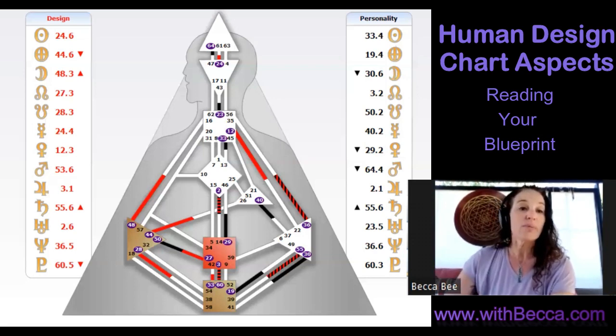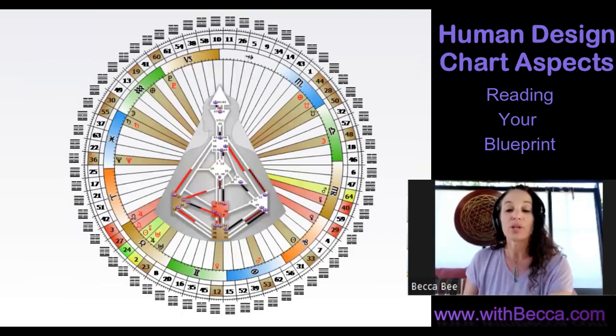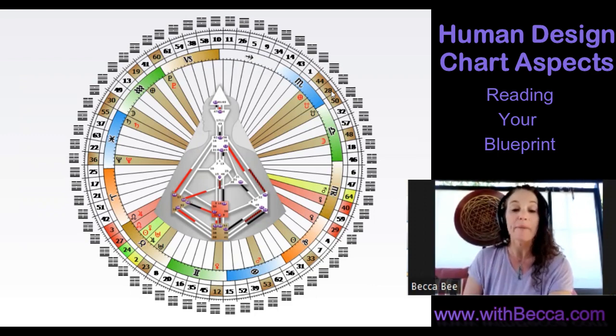When you look at the human design rave wheel, it looks very similar to the astrological wheel. It's almost exactly like it in the sense that it has the 12 astrological signs that go around the wheel, each holding the different placements of those signs that we are so familiar with.